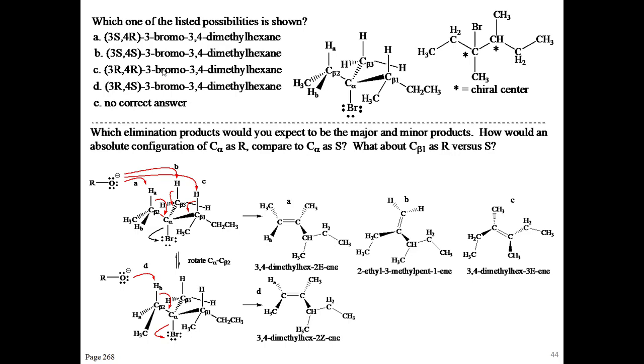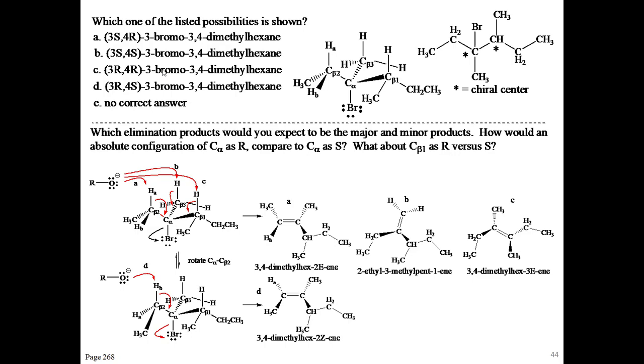You'll notice the 2 larger groups, the ethyl groups, are on opposite sides. That would be E. In this case, the larger group is here and the larger group is here. That would be E. And if I do this one here, where I rotate the methyl to the front and eliminate, then the larger groups are in the front together. That would be Z.